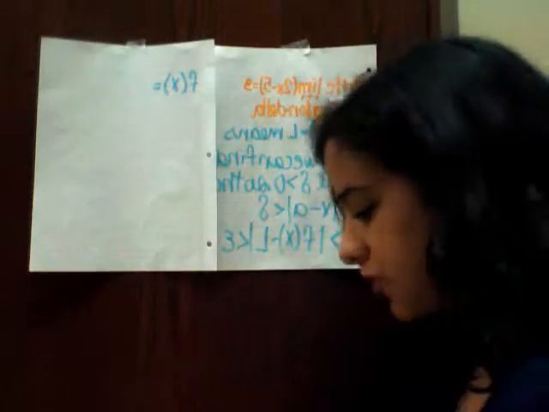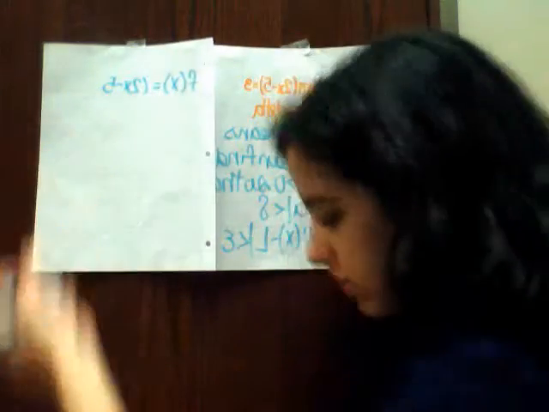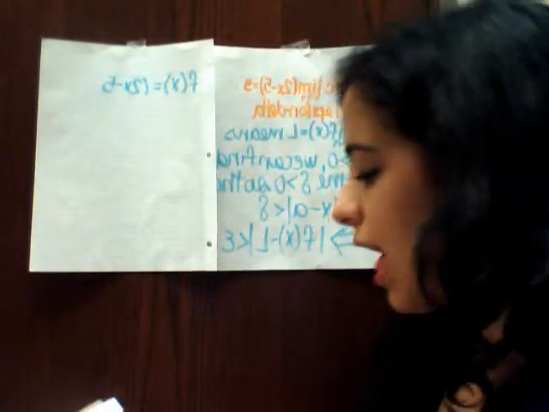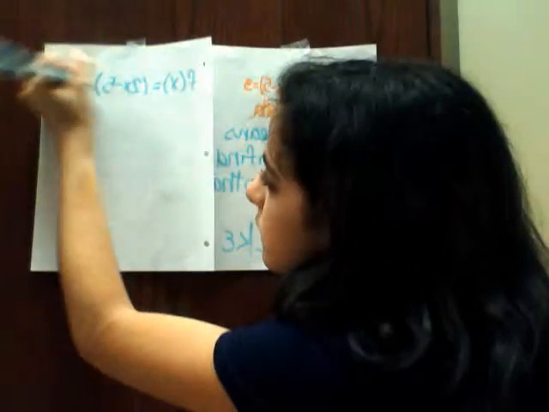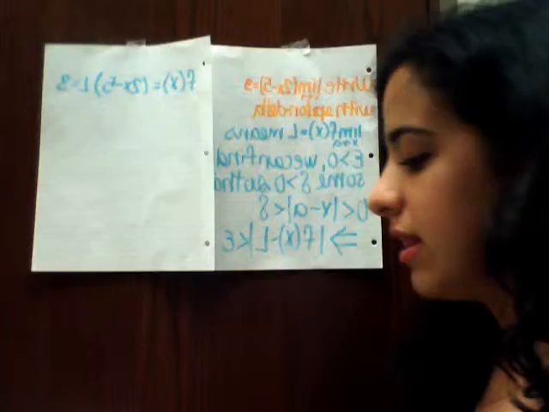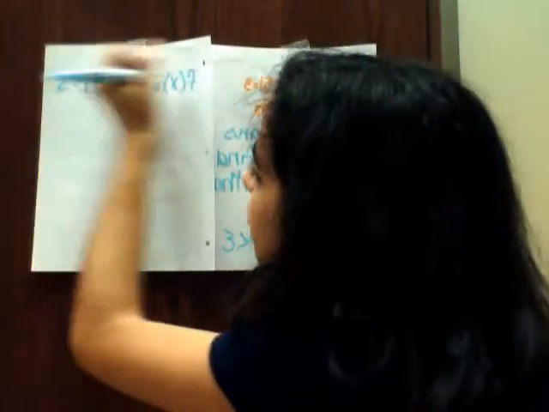That's the name of the function, so 2x minus 5 is the function. And L is the value of the limit, so L equals 3. And a, which is the value which x approaches, is 4.